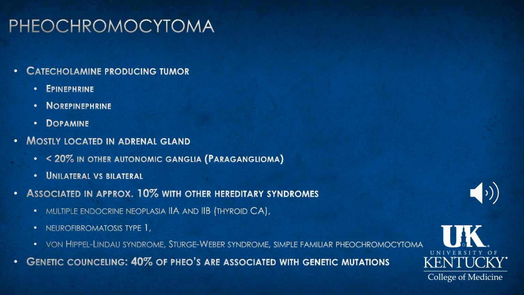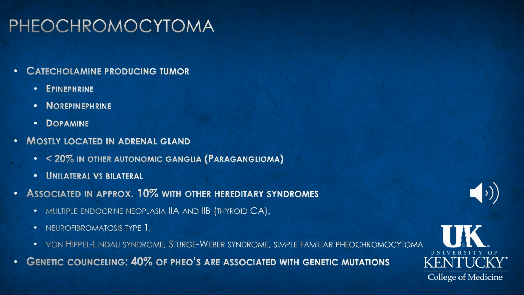Pheochromocytomas are rare catecholamine-producing neuroendocrine tumors. They produce, store, and release excessive amounts of norepinephrine and/or epinephrine, and sometimes even dopamine.